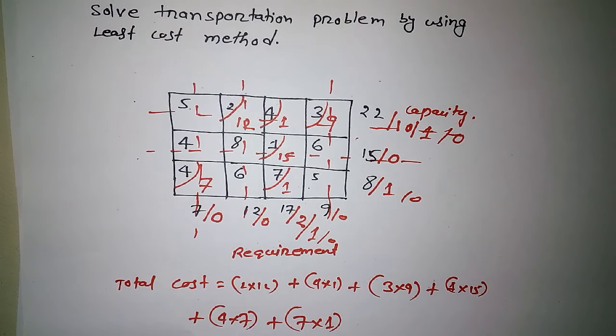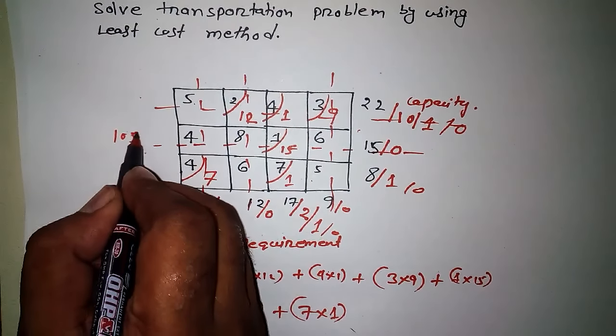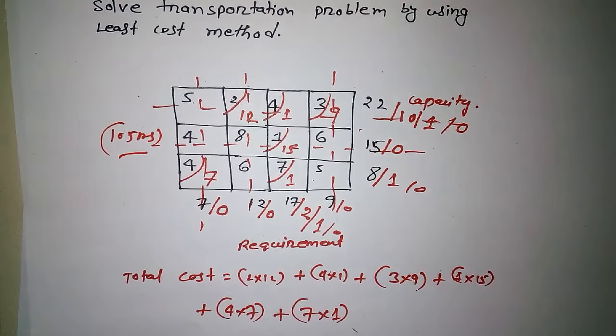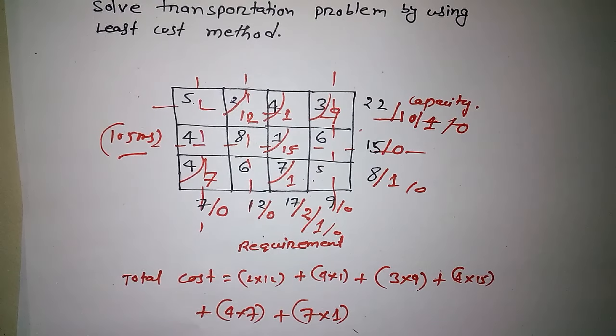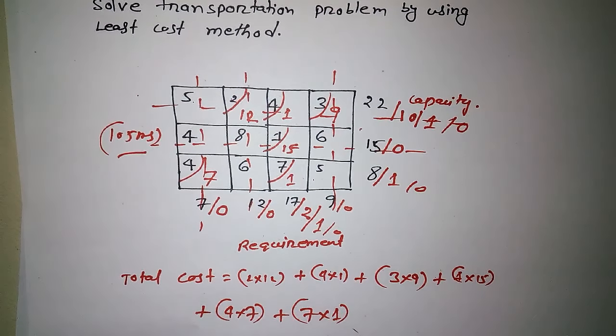In that method we got a transportation cost of 131 rupees, and in this question we got a transportation cost of only 105 rupees. What does that mean? The least cost method is more effective than the northwest corner rule. I hope you understand this question.